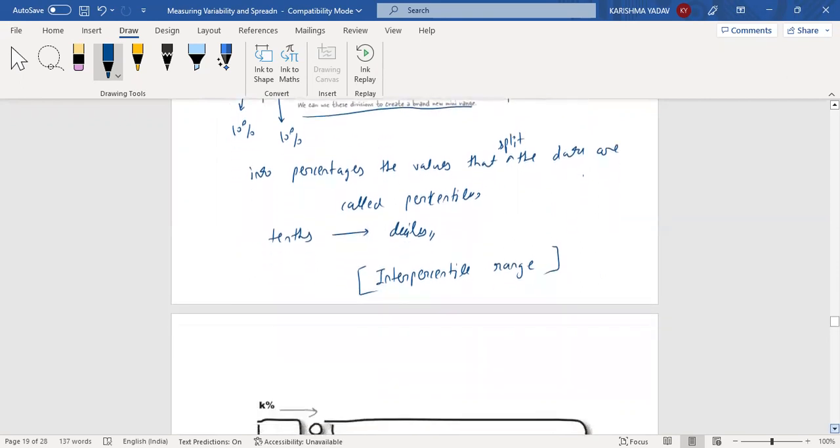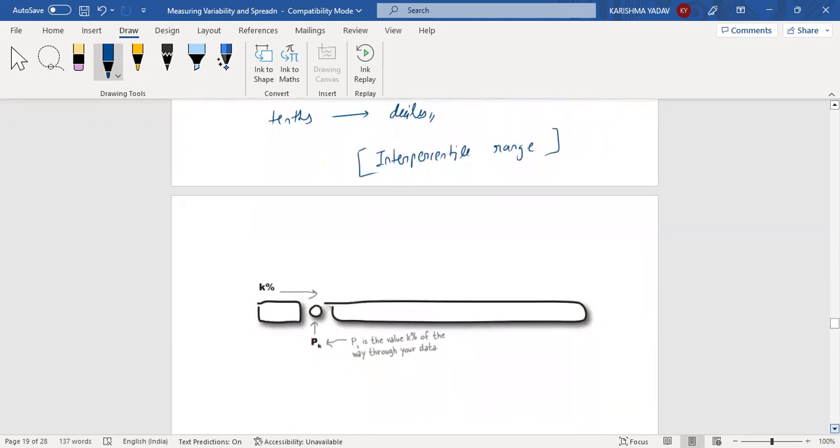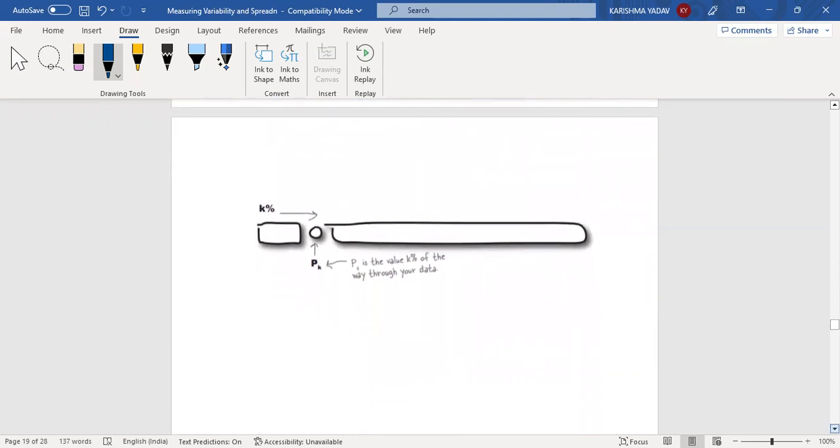Now let's first understand what percentiles are. Percentiles are values that split your data into percentages, in the same way that quartiles split our data into quarters. Each percentile is referred to by the percentage at which it splits the data.